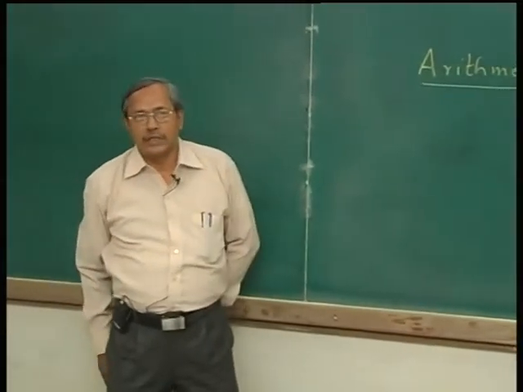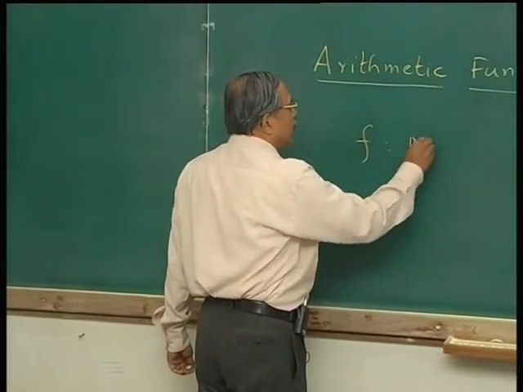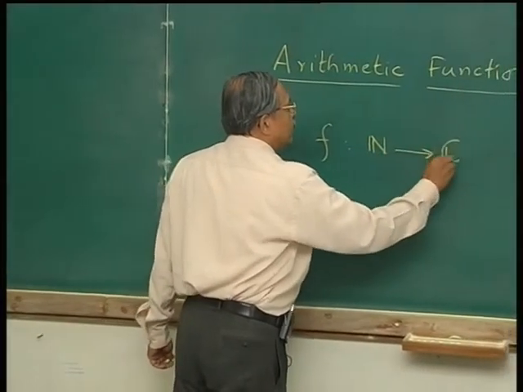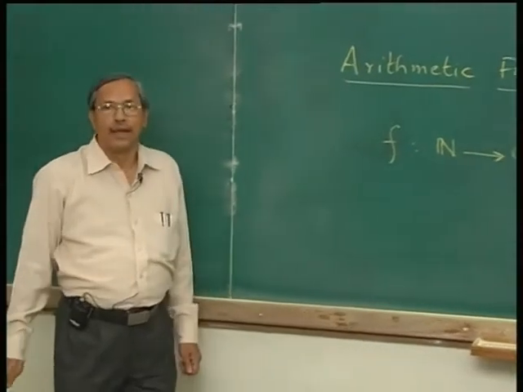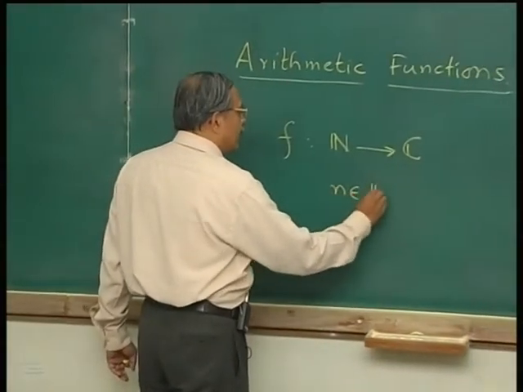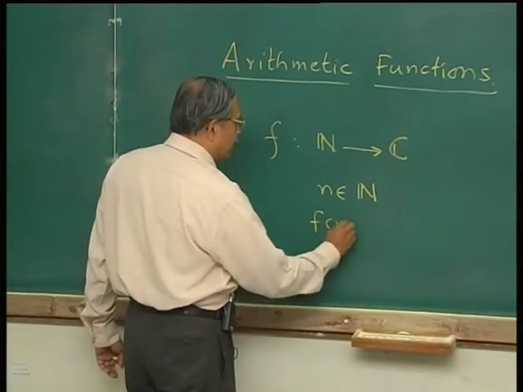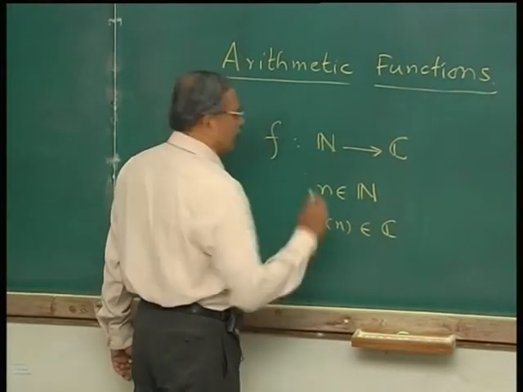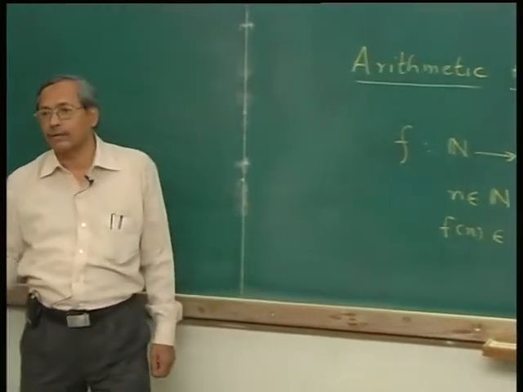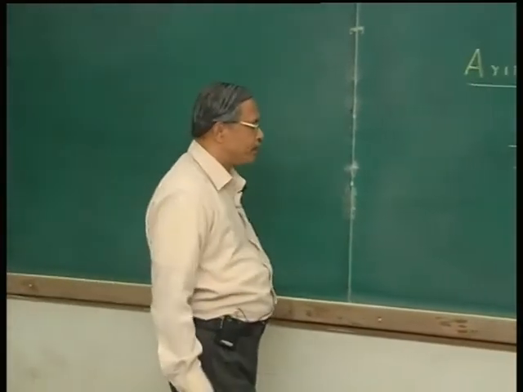An arithmetic function is a function f from natural numbers to complex numbers. So for every n in N, there is f of n belonging to C. So f(n) can be an integer, rational number, real number, complex number.